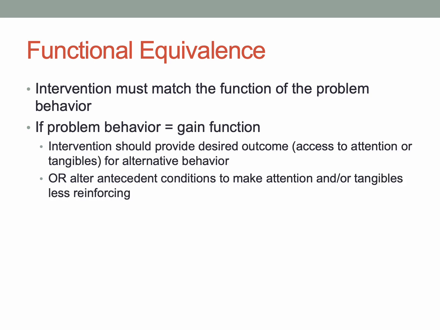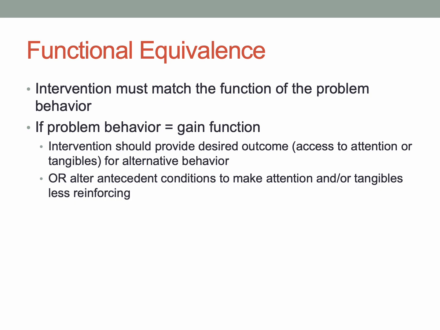Another example is if the function of the problem behavior is to gain something, then the intervention you choose should provide the desired outcome. So by doing the alternate behavior you will be teaching, the student should be able to gain the thing he wants.